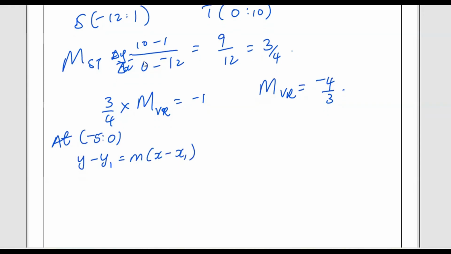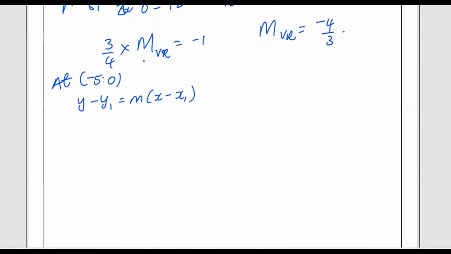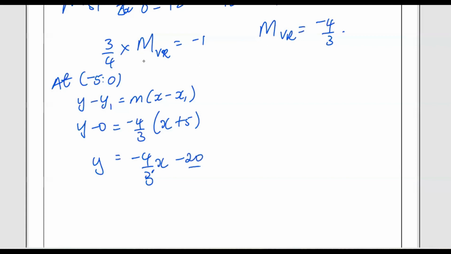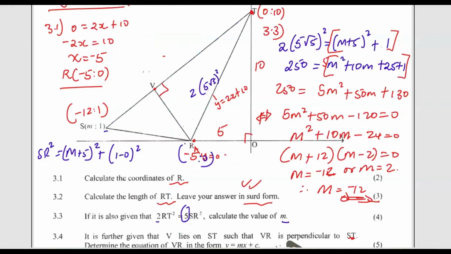Meaning I have y minus 0 equals -4/3 into x minus -5, which gives me a +5. I open this up, I have -4/3x minus 20/3. So that is the equation the question wanted.